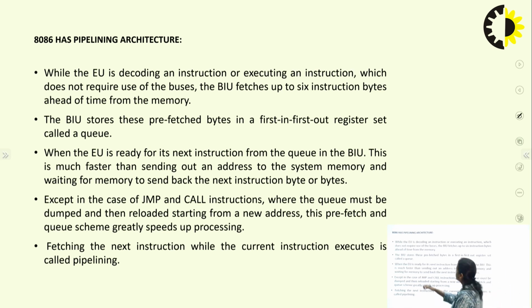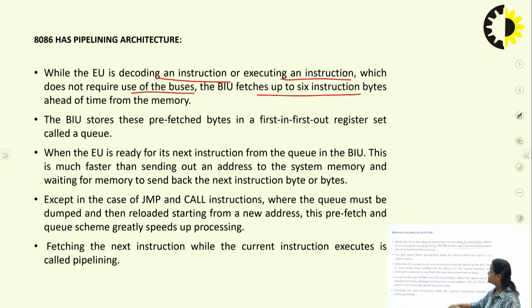While the execution unit is decoding an instruction or executing an instruction which does not require use of buses, the bus interface unit fetches up to 6 instruction bytes ahead of time from the memory. So while decoding and executing the instruction, the buses are not used.